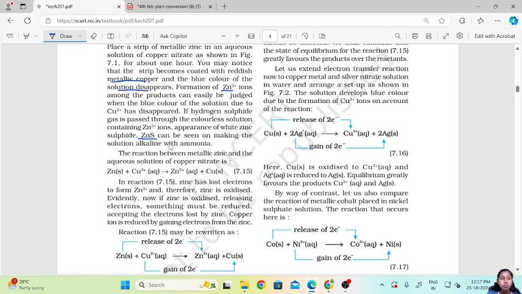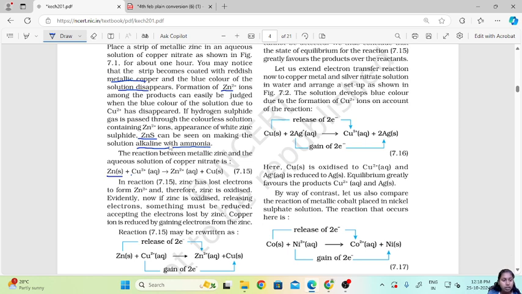So this is the reaction that takes place in that beaker.